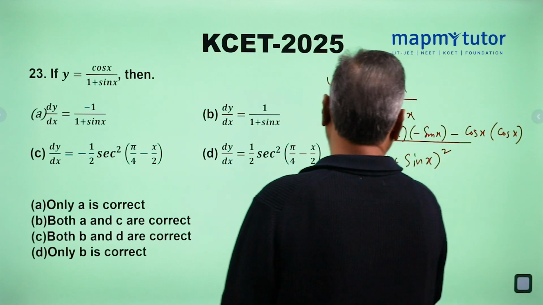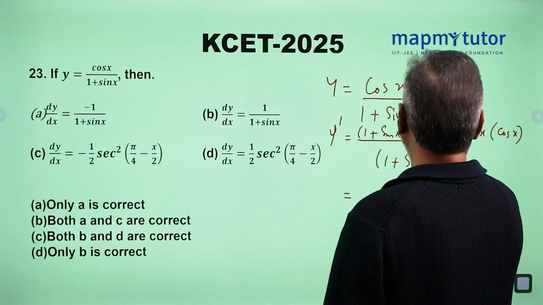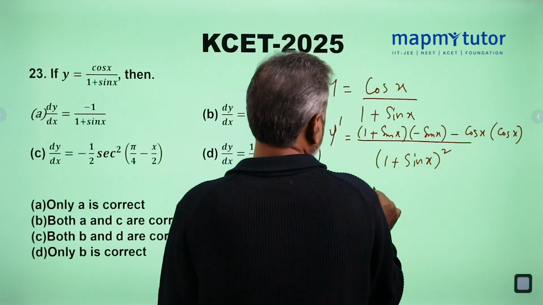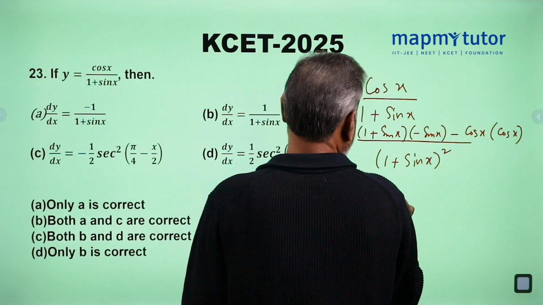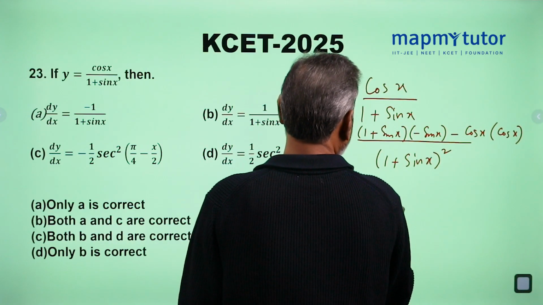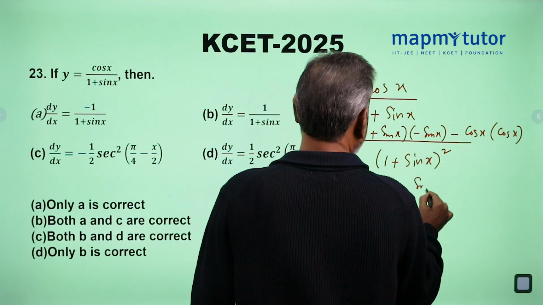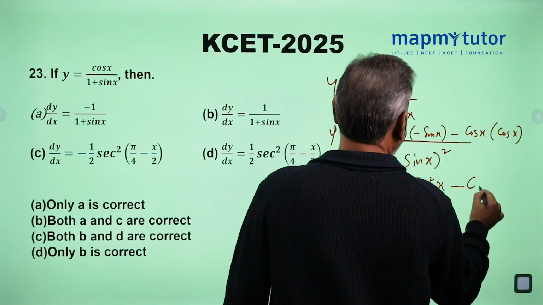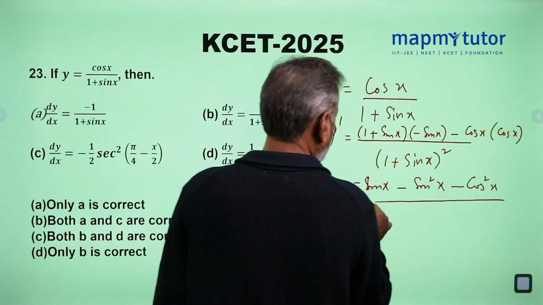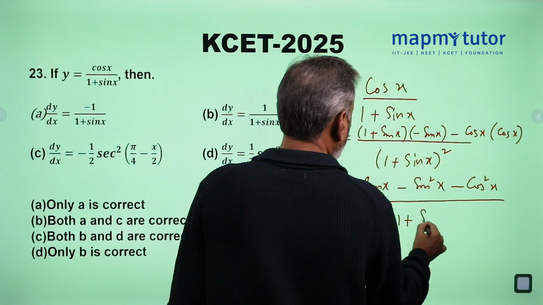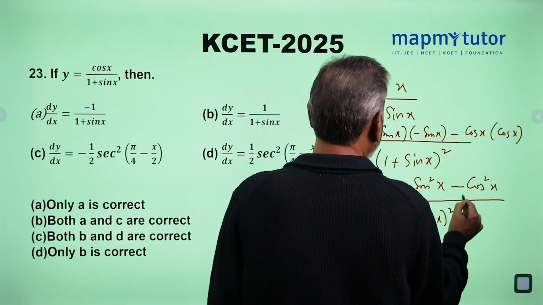And if you simplify, 1 minus sin x, of course, minus sin square x, yes, minus cos square x. I expanded it, okay? And denominator 1 plus sin x whole square.